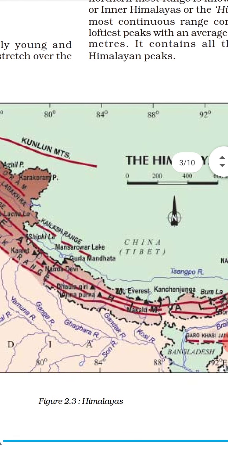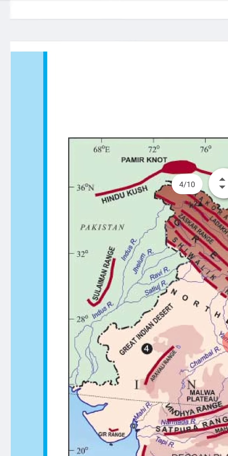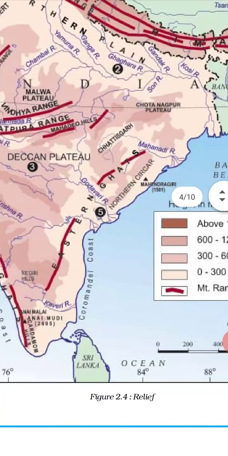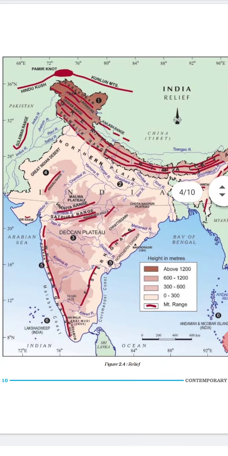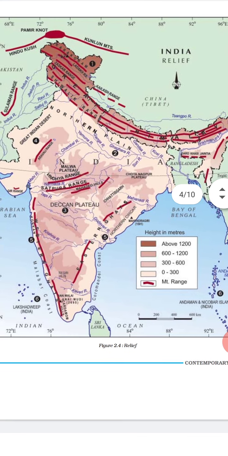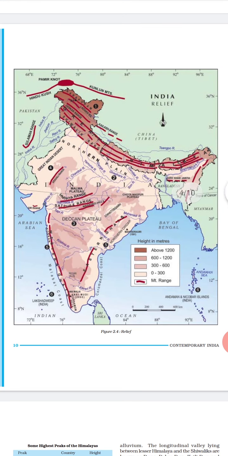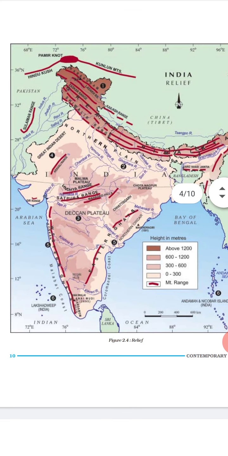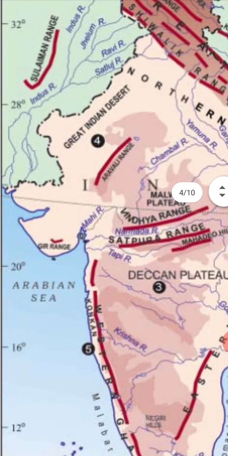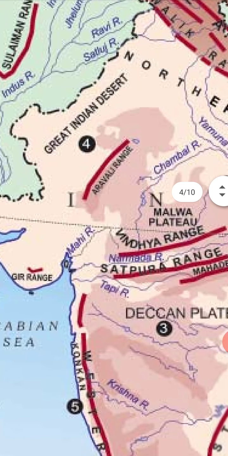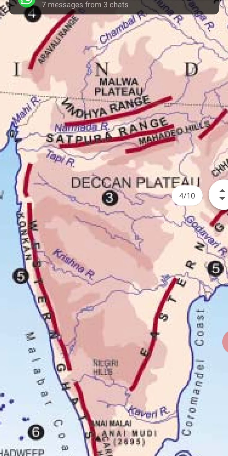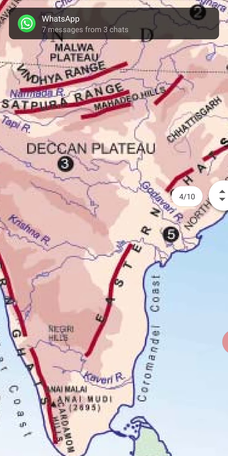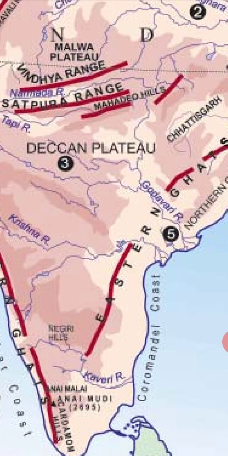Now let's move further and see this complete map of India with all the physical divisions. You see this upper part, it is the Himalayas or mountain ranges, then comes the northern plains. In the extreme west it is the Great Indian Desert. Here it is the Deccan Plateau.